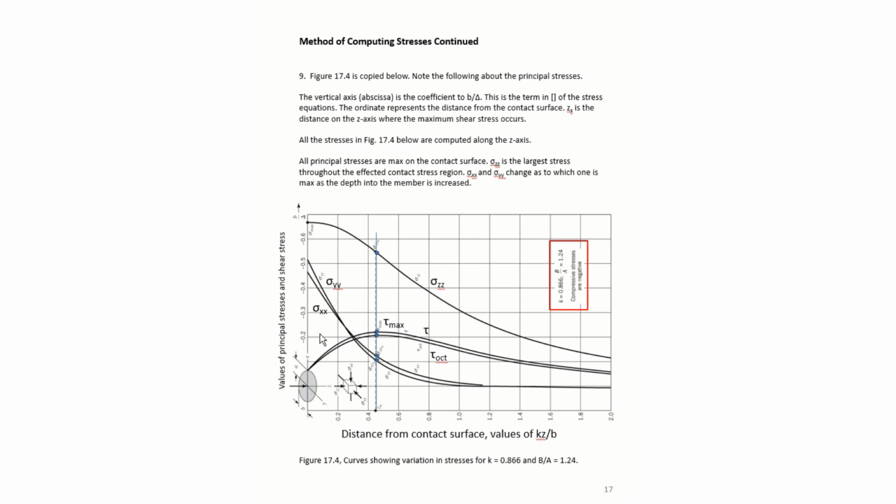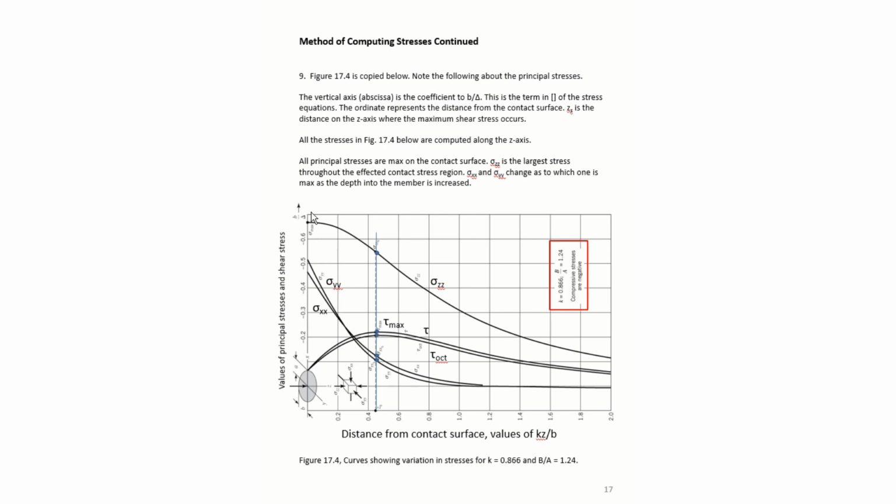When we look at the shear stress, we can see that we get this type of curve. What's interesting about this curve is the maximum occurs at a distance from the contact surface and not on the contact surface.